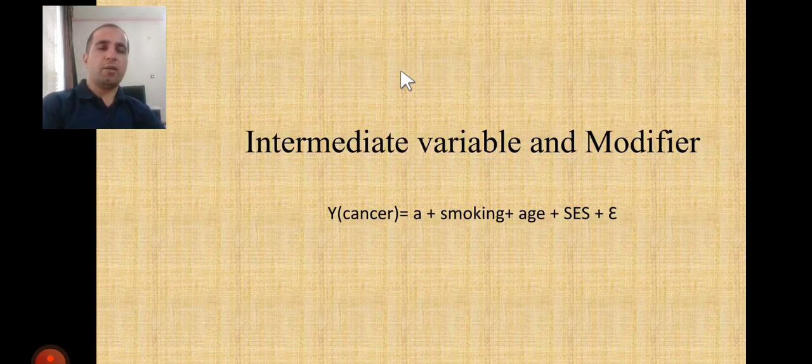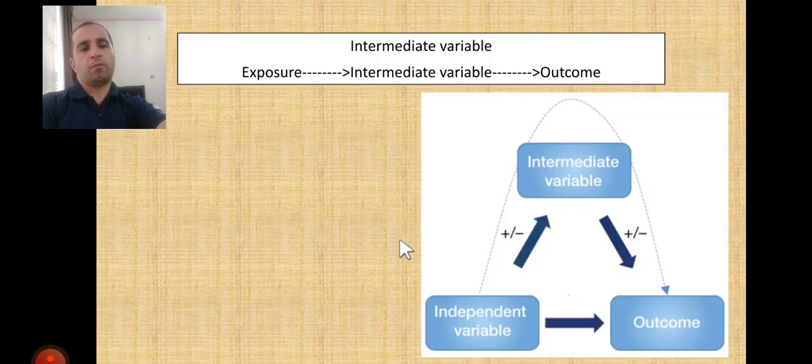Here is our example. Suppose that we want to see the impact of smoking on the lung cancer. The lung cancer is our outcome, and the smoking is the main exposure. And of course, as I previously said, we can control or adjust for some confounders such as age, such as socioeconomic, and etc. So the main exposure is the smoking in this example, and the outcome is lung cancer.